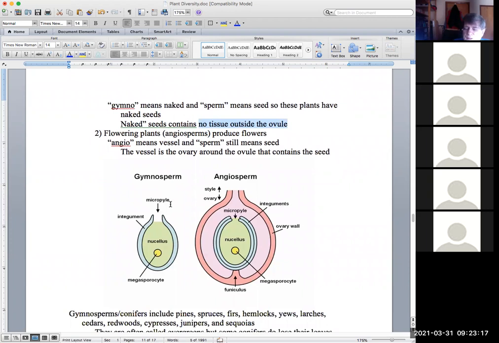So let's look at the difference between a seed that a gymnosperm makes and a seed that an angiosperm, a flowering plant, makes. So let's start in the middle and work our way out, because in the middle things are similar. So in the middle, we have our megasporocyte.